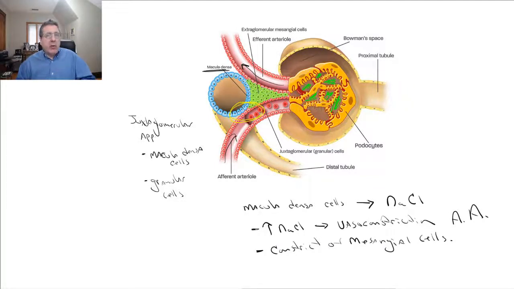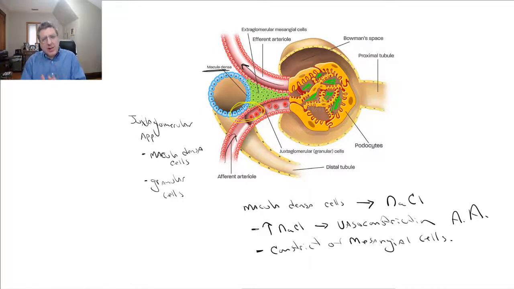If we have increased surface area in the small intestine, we can absorb more nutrients. That's why we have microvilli and all that. If we decrease the surface area, you have less absorption. Here's the same thing. If we decrease the surface area of the glomerular capillaries, we're going to decrease the amount of fluid that can come across.